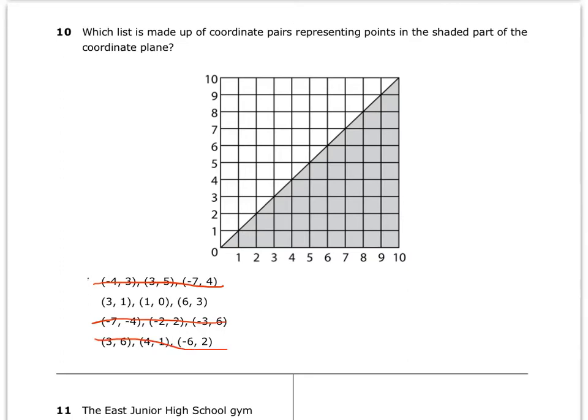I can't graph this one. This is the only one I could graph every point. That's the only one that makes any sense. But let's go ahead and graph them. 3 and 1. That's in the shaded region. 1 and 0 is in the shaded region. 6 and 3 is in the shaded region. This is the only choice that makes sense. I put that on there because it should be a gimme.